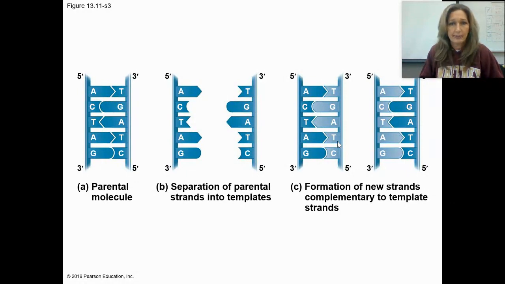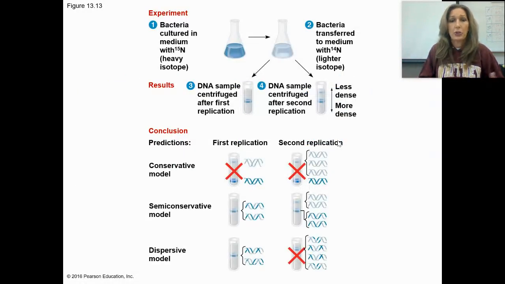Now, who is credited with determining that it was semi-conservative is actually a group of scientists, Meselson and Stahl. So Meselson and Stahl, what they did is they actually used heavy isotopes of nitrogen in order to have an initial strand and kind of track with the initial strand of DNA.